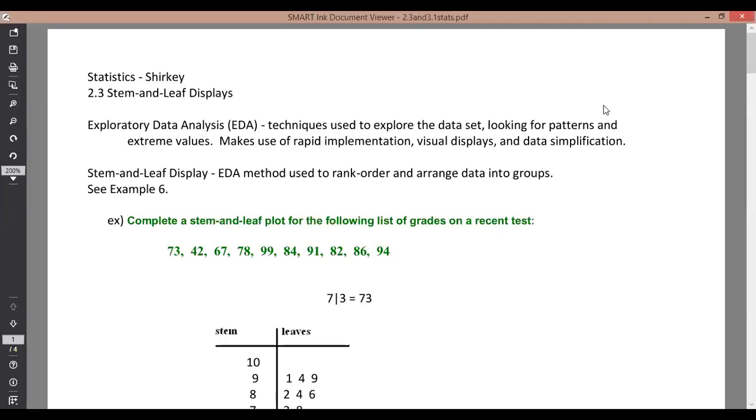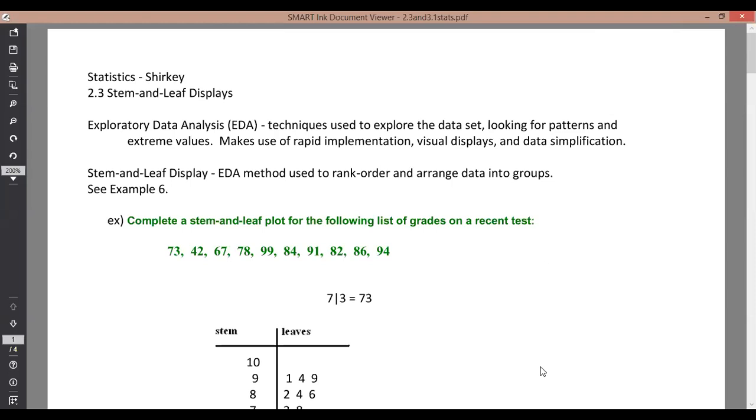So here we are in section 2.3, looking at stem and leaf displays, last section of chapter 2. It's another visual method of interpreting data or exploring data, okay? Stem and leaf displays, or you might hear them also referred to as stem and leaf plots.